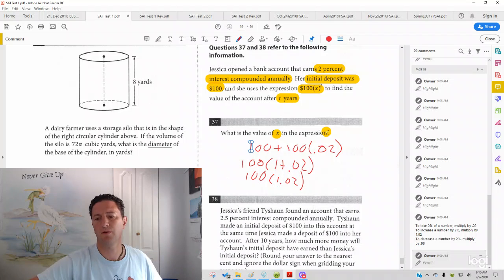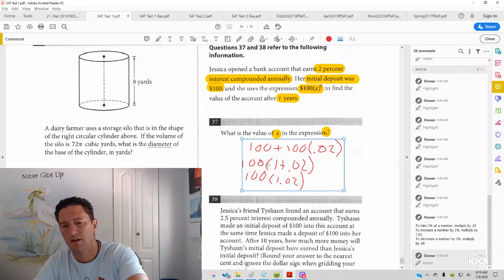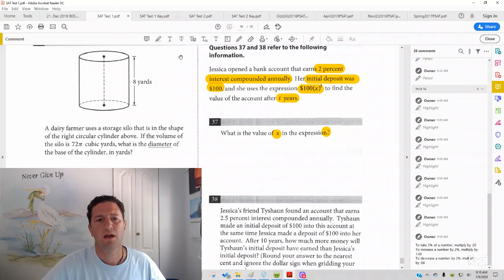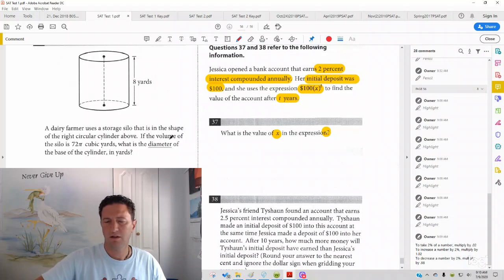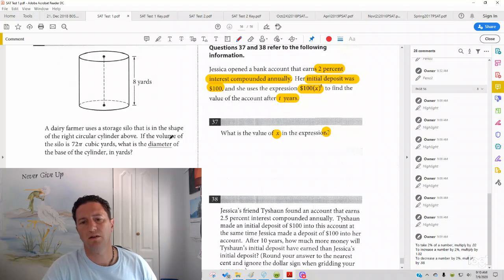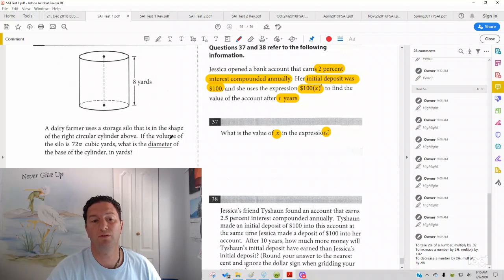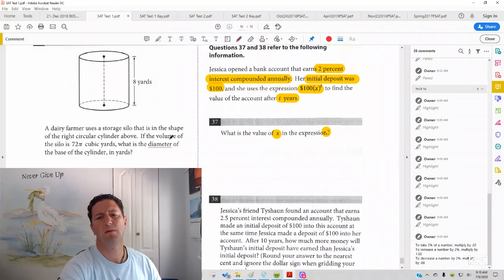It's the same thing for the 0.98. Now, students usually have more trouble when it's a decrease by a certain percent, but the same concept applies. To give you a practical example, let's say you go shopping and you get 2% off of a product. Well, you're paying for 98% of it. So that's how you can remember to do that.